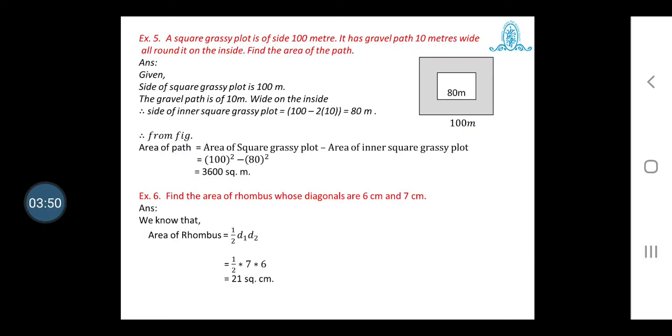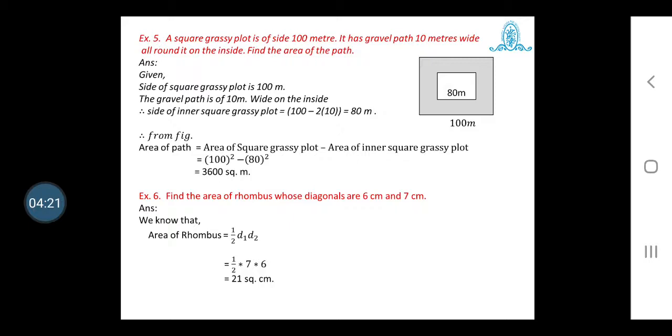In this example, a square grassy plot is of side 100 meter. It has gravel path 10 meters wide all round it on the inside. Find the area of the path. Now, this is a square grassy plot in which the side is 100 meter, and also it has a gravel path of 10 meter wide all around the side.